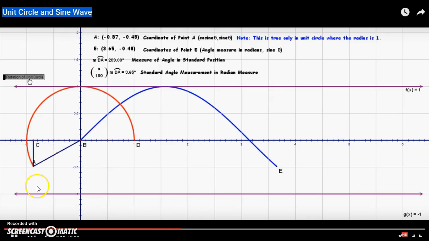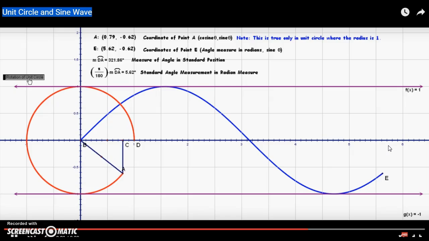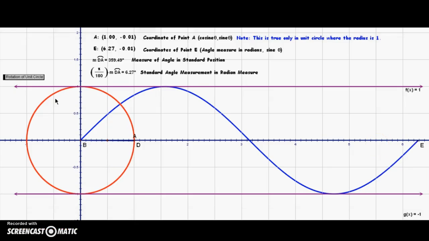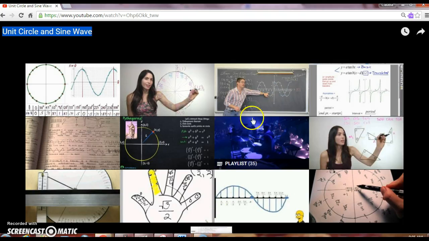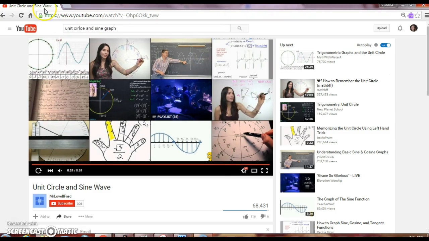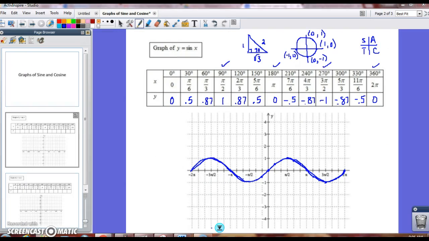So you see as you go around the unit circle, all of those values that are on the unit circle are being translated on to this graph. So I'm basically taking this circular function and sort of unfolding it and laying it out flat. So that's essentially what is happening there. Okay, so I just wanted to point that out to you. It's kind of a funky little graph, but you can get the idea of that and how that works.